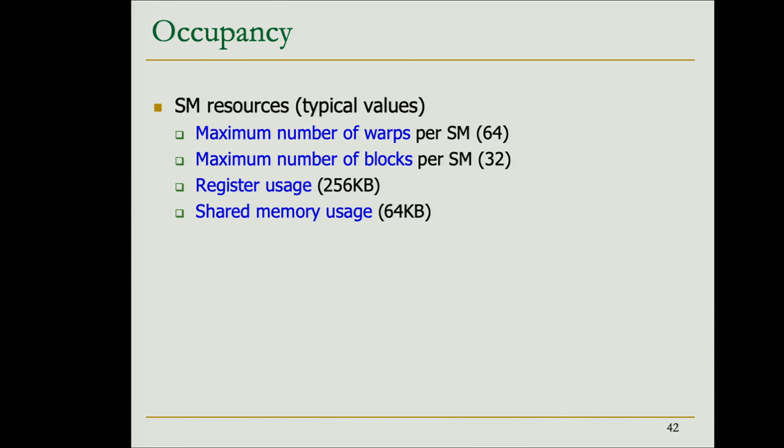So, depending on what's the usage of these resources that each individual thread and each individual thread block does, we can have more or less thread blocks and warps running at the same time inside the GPU core, right? So now imagine, for your program, each thread block needs to use 30 kilobytes.